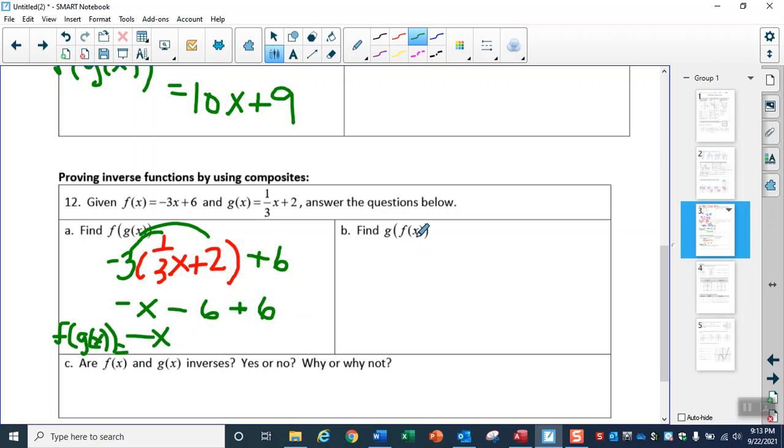And now I'm going to put f into g. So I start writing out g, which is my red one. So I'm going to write g, so I'll write 1/3. And then when I get to the x, I'm going to put in f. So I'm going to put in a negative 3x plus 6.